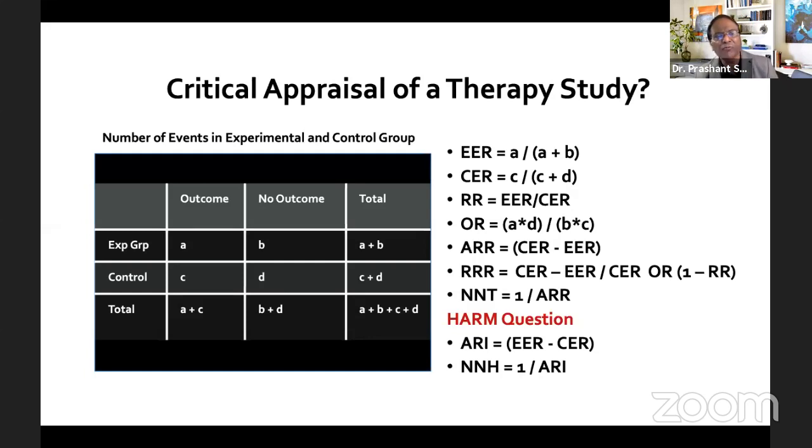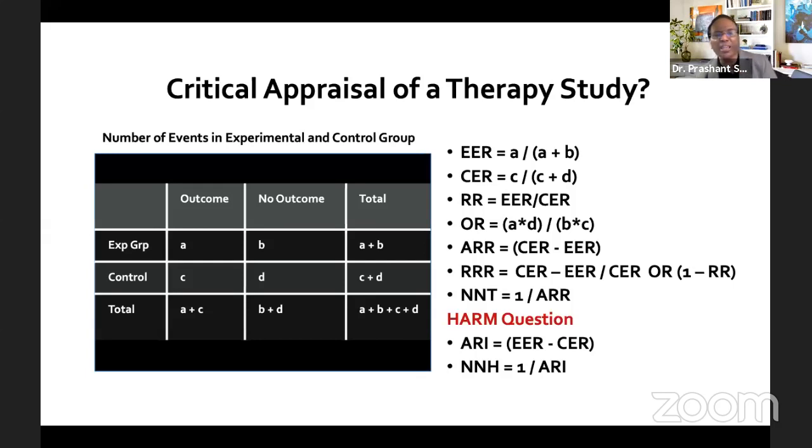Cell A is the number of people in the experimental group having the outcome. Cell B is the number of people in the experimental group without the outcome. Cell C is the number of people in the control group having the outcome, whereas cell D is the number of people in the control group not having the outcome.